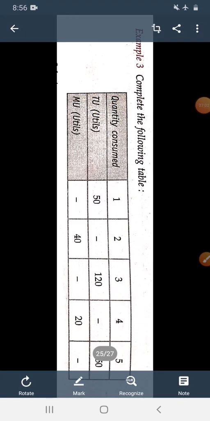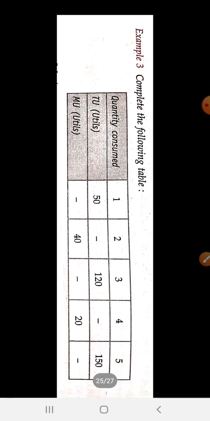So we will take one example to complete a table, that is, whenever some TU and MU values are missing, how we find out the values. Now tell me, whenever we have to calculate the MU, what is the formula?